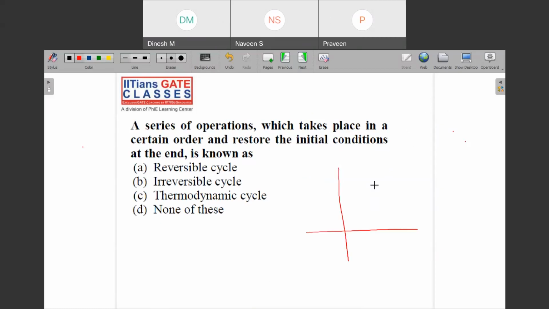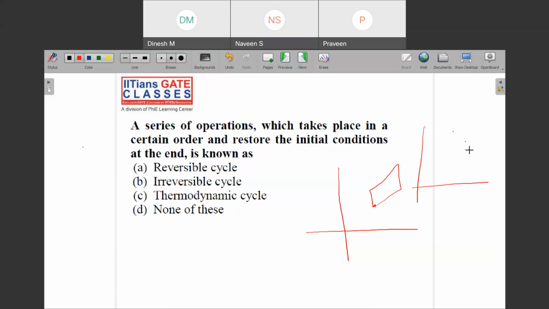And when your final position is same as the initial, let us say you started from this one and then you reach back to this point again, then we say that it has gone through a cycle. But I never said that only a reversible process can happen through a cycle. It can happen that you were going through a series of processes and then you return back to the original process, but you were going through an irreversible process as well meanwhile.